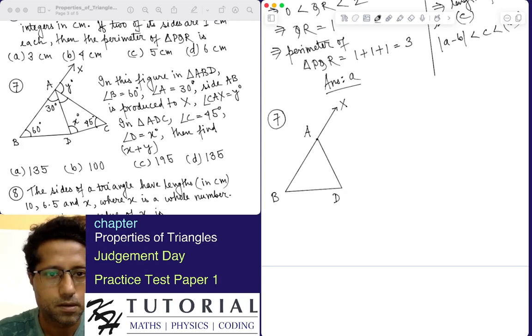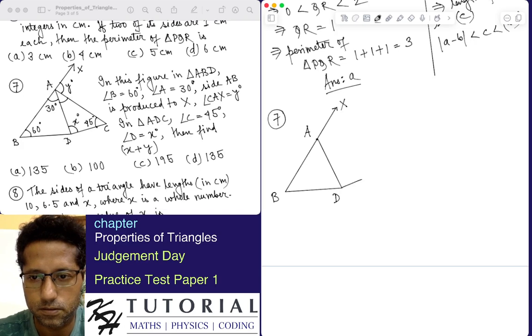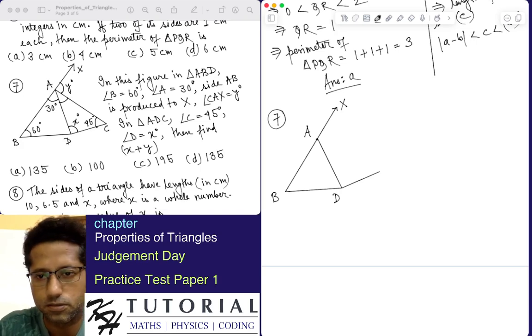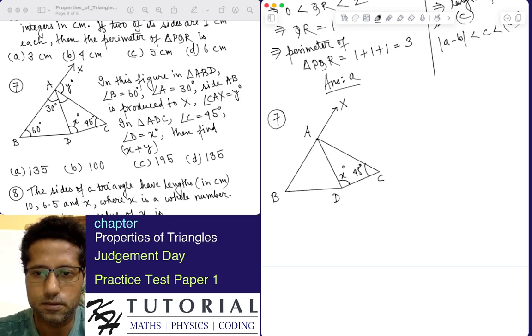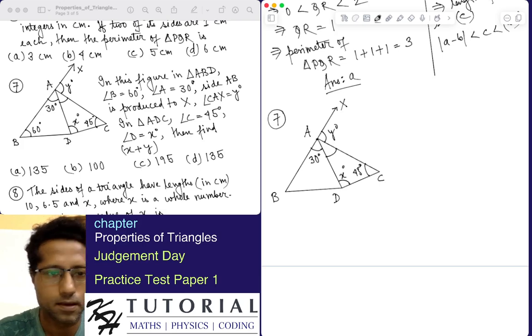We also have C somewhere, and AC is joined. So we have this triangle ADC. This angle is given to be X degree, this is 45 degree, this angle is Y degree, this is 30 degree, this is some angle, and this is 60 degree.